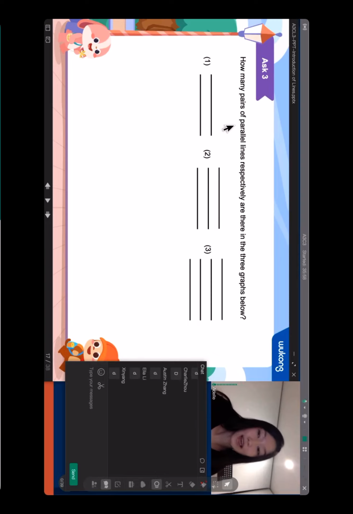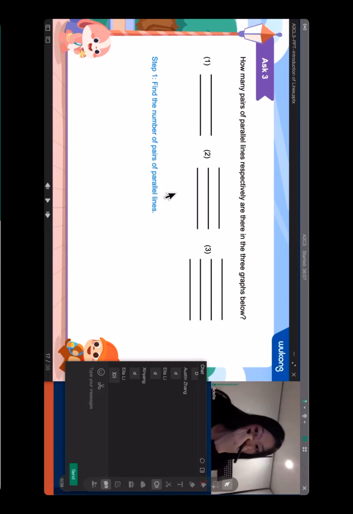So we're going to try a question now. How many pairs of parallel lines, respectively, are there in the three graphs below? So what we're going to do in step 1 is to find the number of pairs of parallel lines. So in the first one, how many pairs can we see?